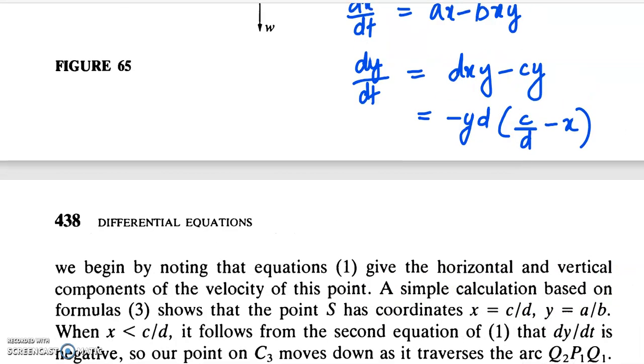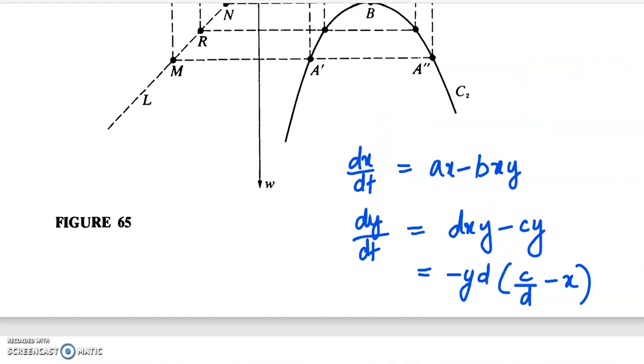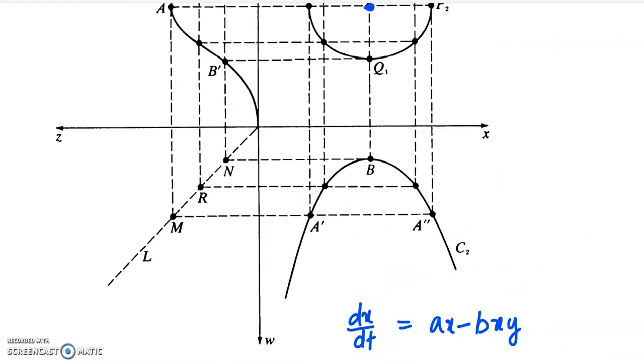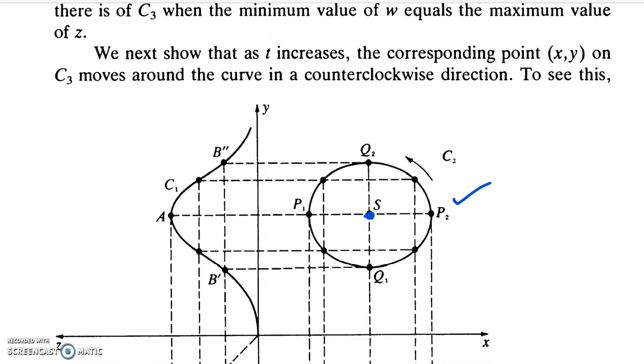And now we have the equations of dx by dt and dy by dt. So dx by dt and dy by dt represent the components of the velocity. So they will be the horizontal and vertical components of the velocity, because we are finding the rate of change of x and y.